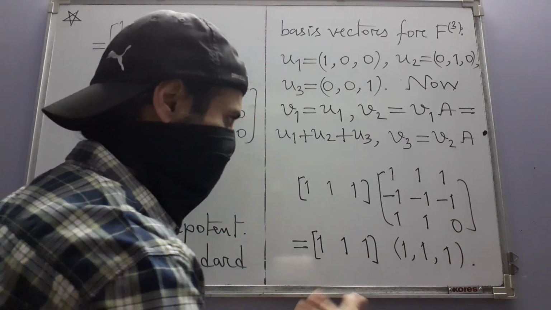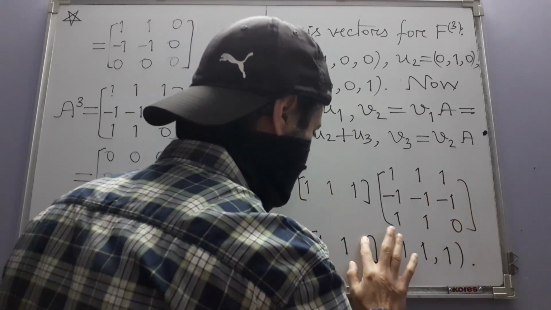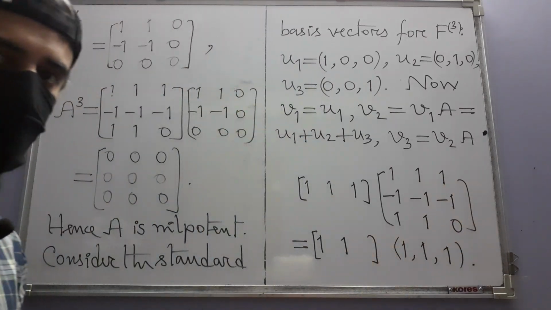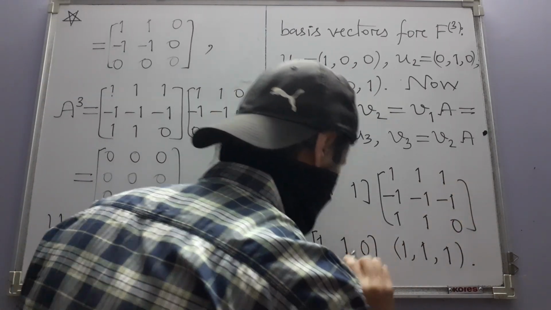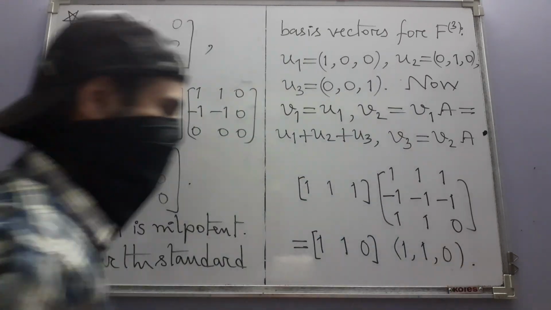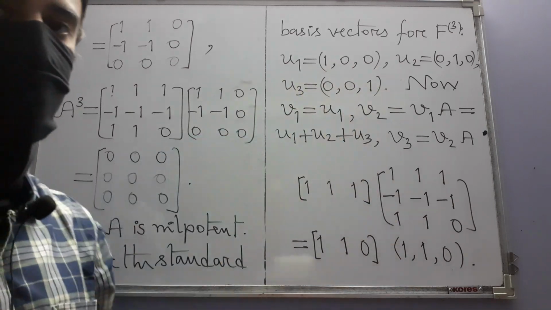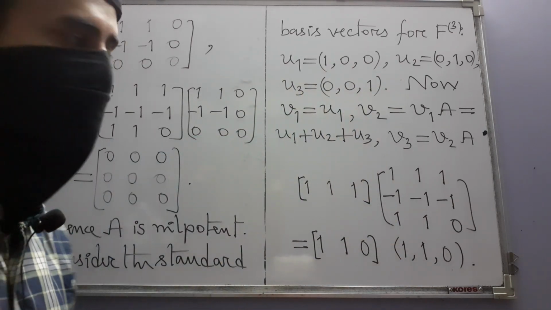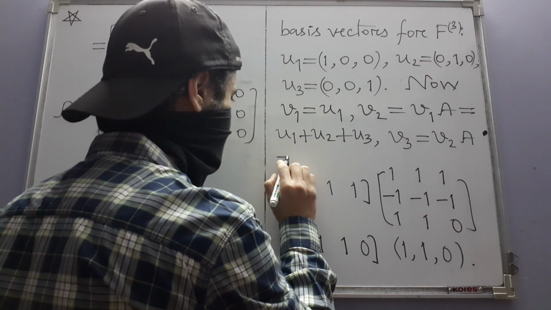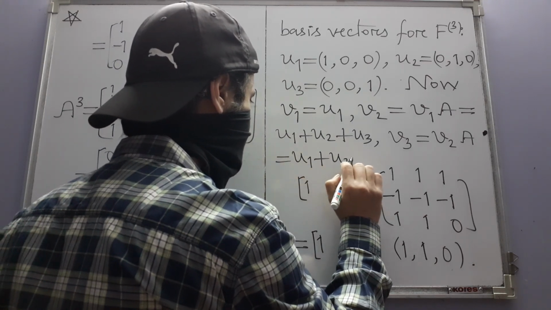So that's also like before, but then 1 minus 1 plus 0, so this one will be 0. That means this vector is 1, 1, 0. 1, 1, 0 in terms of U1, U2 and U3 is U1 plus U2.